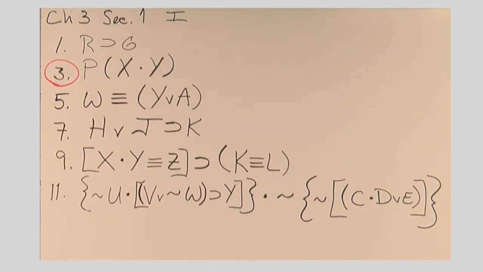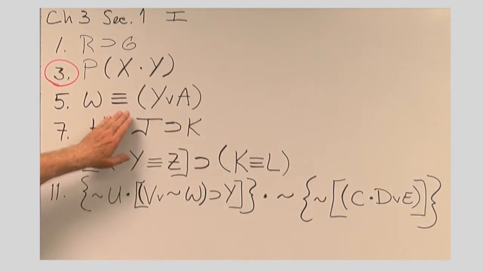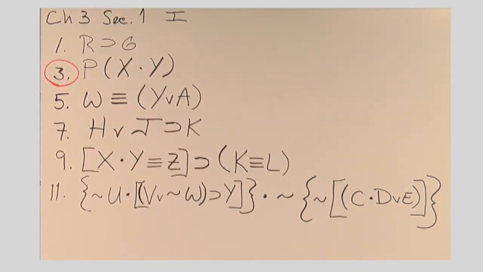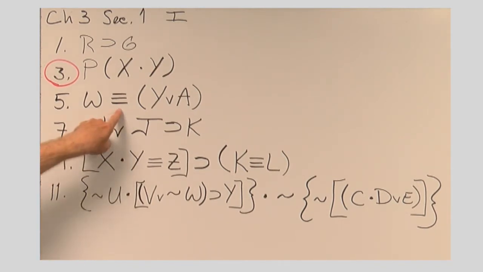If we look at problem 5, what we have is W if and only if either Y or A. Is that a well-formed formula or not? It is. It has one main connective, the triple bar.